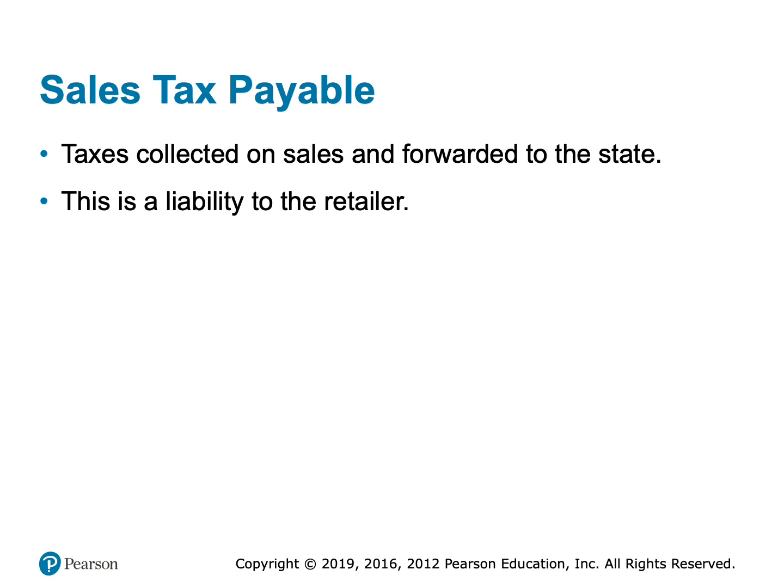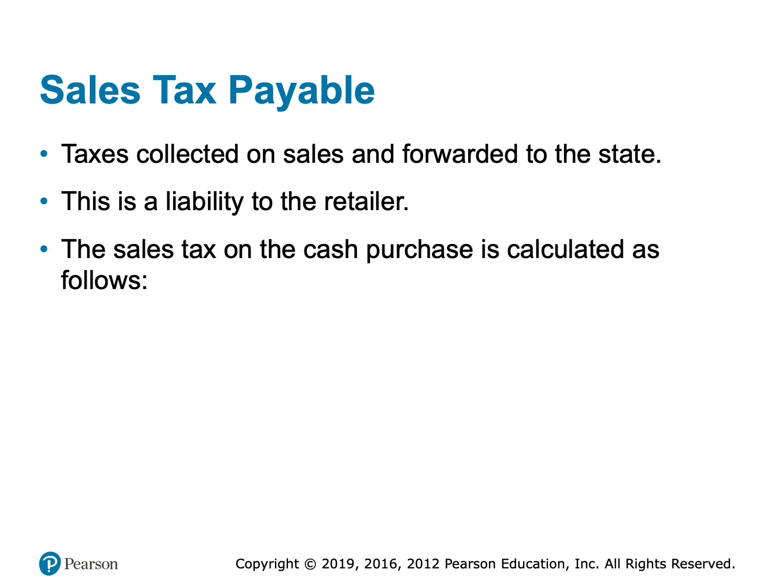Now, if we collect sales tax on our goods, then that is a liability because we're required to forward that to the state government. Even though we're taking it from the customers, we don't get to keep it. We have to turn around and remit it to the state government. So if there's, let's say, a 5% sales tax, then for one TV at a selling price of $950, we would collect an additional $47.50 in tax.